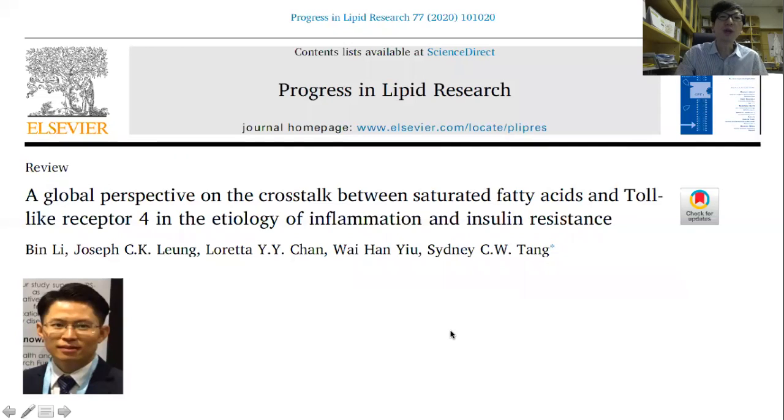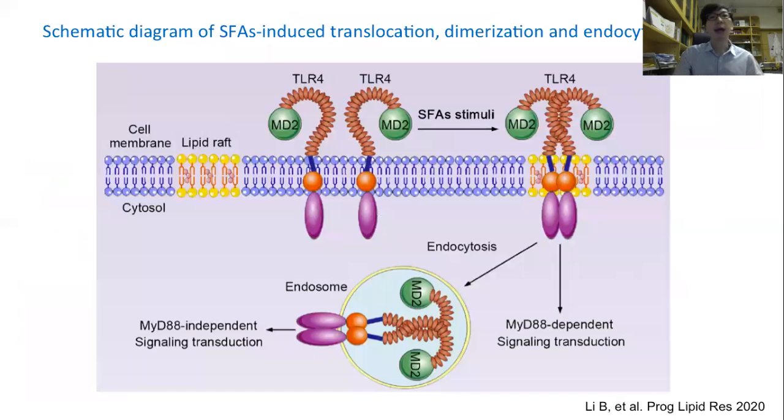Now, of course, we know that toll-like receptor is part of the innate immune system, and it recognizes some of the pathogens as well as danger-related molecular patterns, meaning our endogenous danger patterns, particularly in the face of diabetes.